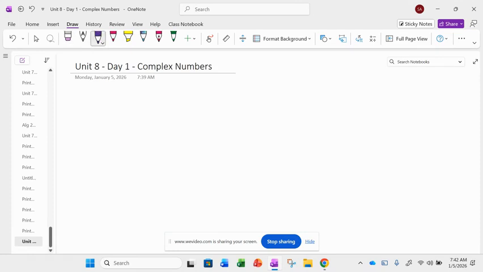So what we're going to do is introduce the variable i. And i represents the square root of -1. So if i represents the square root of -1, what is i squared?